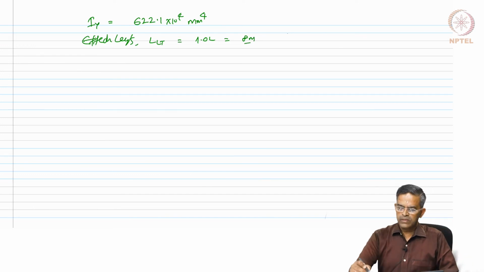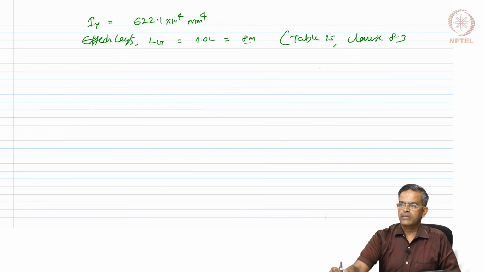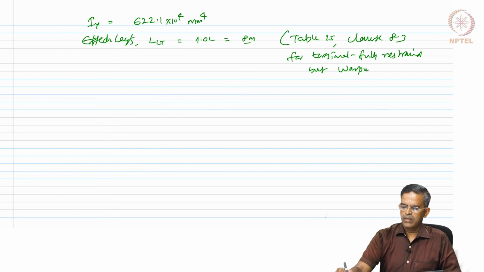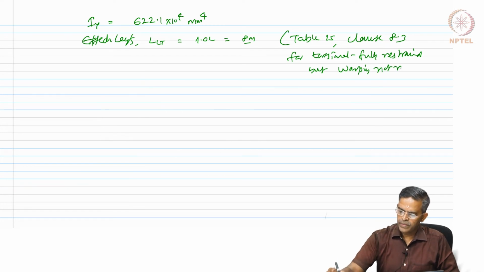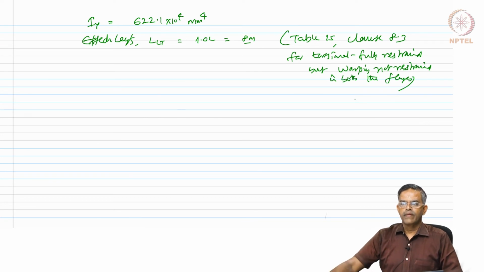So, this is according to table 15, clause 8.3, for torsional fully restrained but warping not restrained in both the flanges. For this condition, we have taken this effective length.